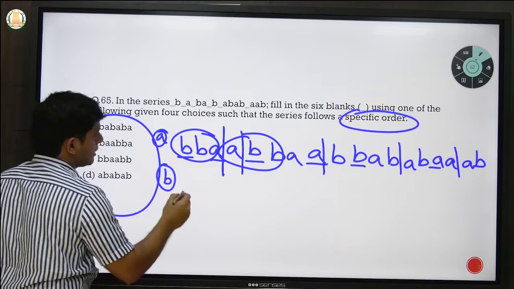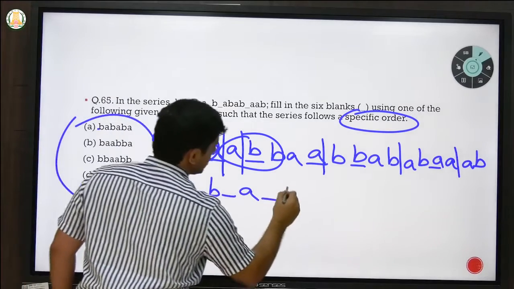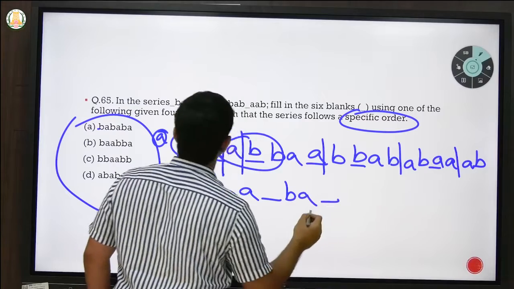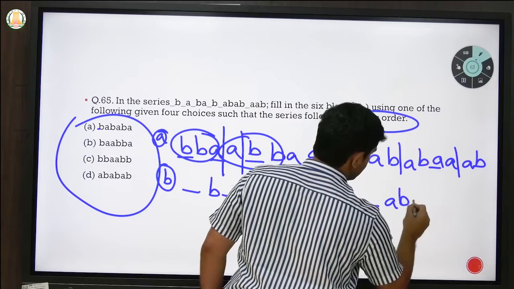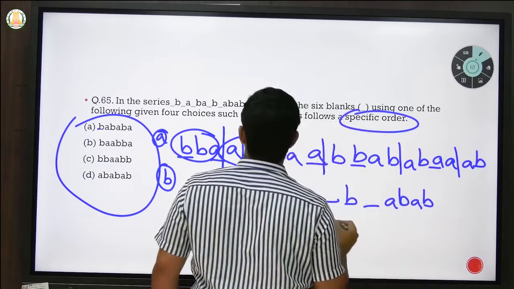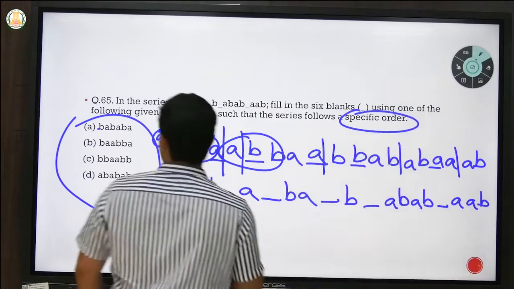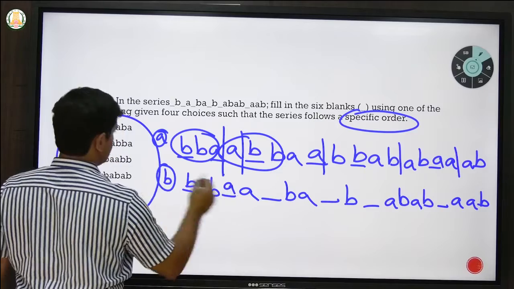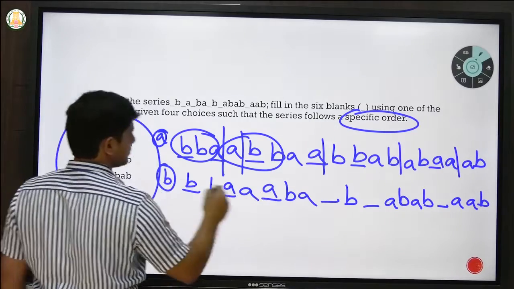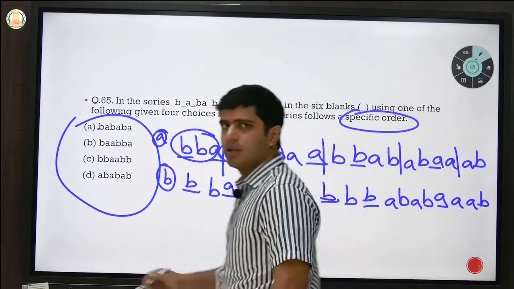Now next you again copy the question as it is. So always do this, copy the question, because you should not make any error in this. If you directly plug in the options, there will be some confusion. So first you copy the question, then you do this. So you get B, A, B, B, A. Okay, again you have done this.